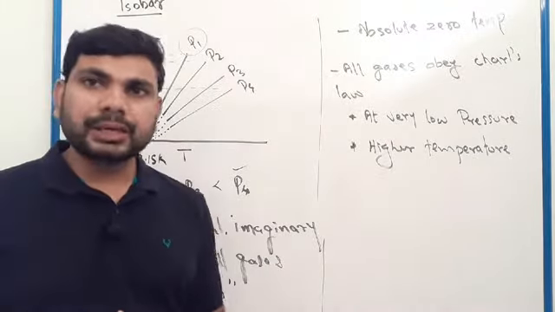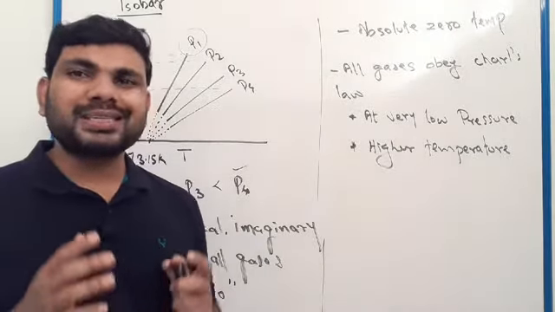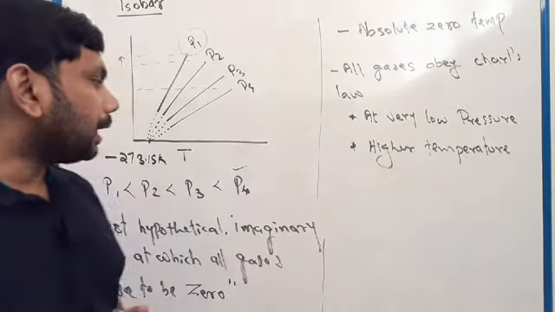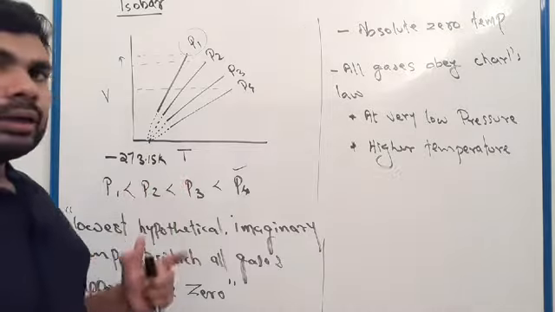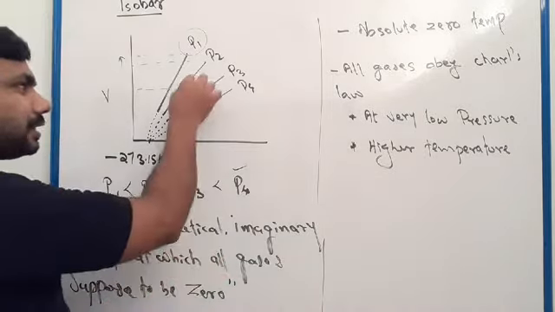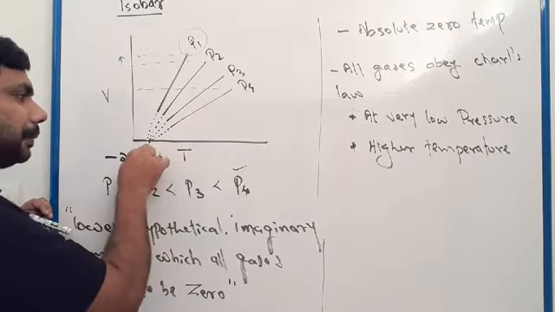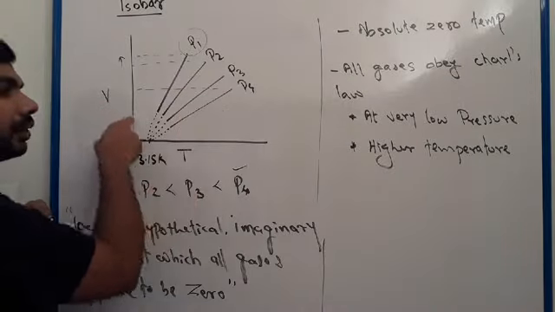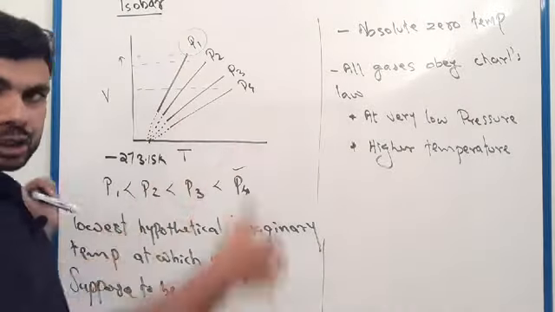So this is the graphical representation of volume against temperature, and pressure is constant. That's why we call this isobar. When you extrapolate these lines, they will meet at a common point. These are the different lines for volume against temperature at different pressure.